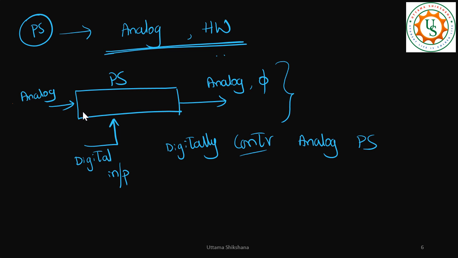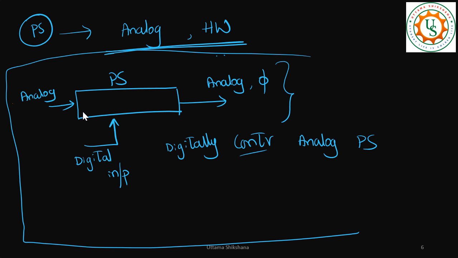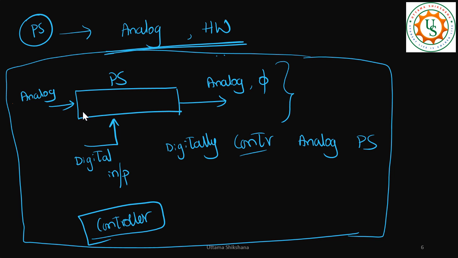Now, this is all happening in the radio unit, the RF section, so definitely there will be a controller which controls various equipment. This controller would give this digital input to this phase shifter to ensure that the required phase shift is implemented.